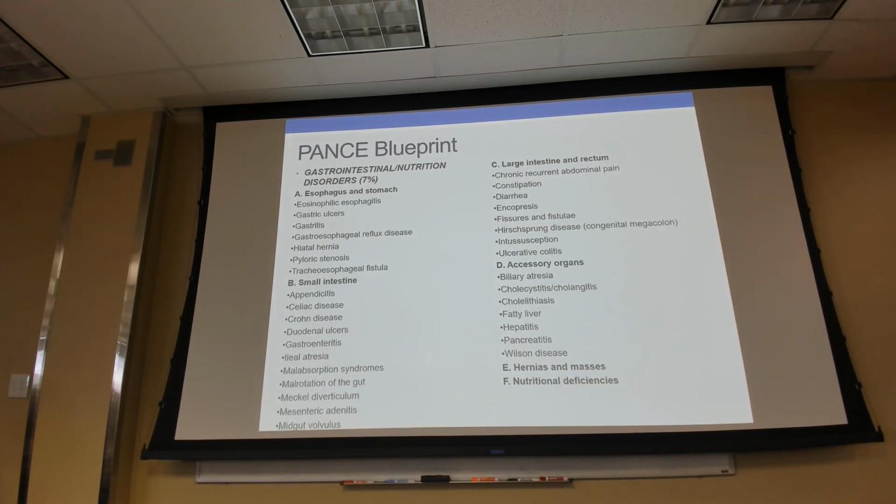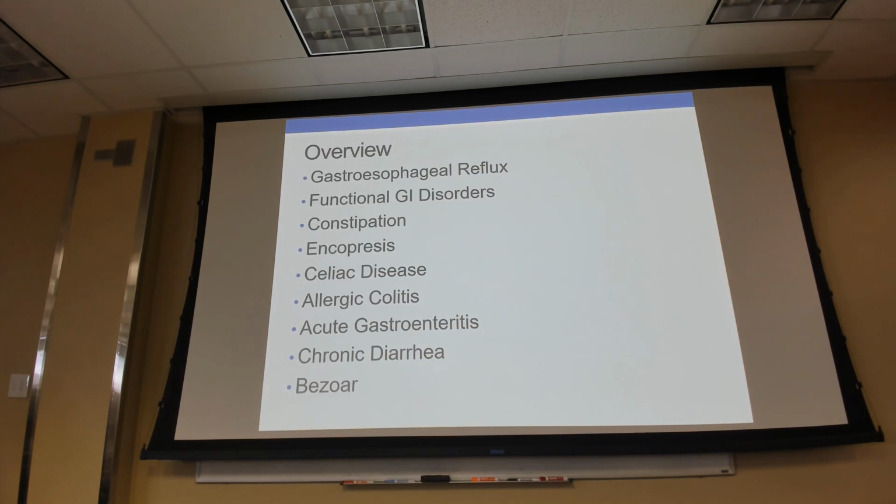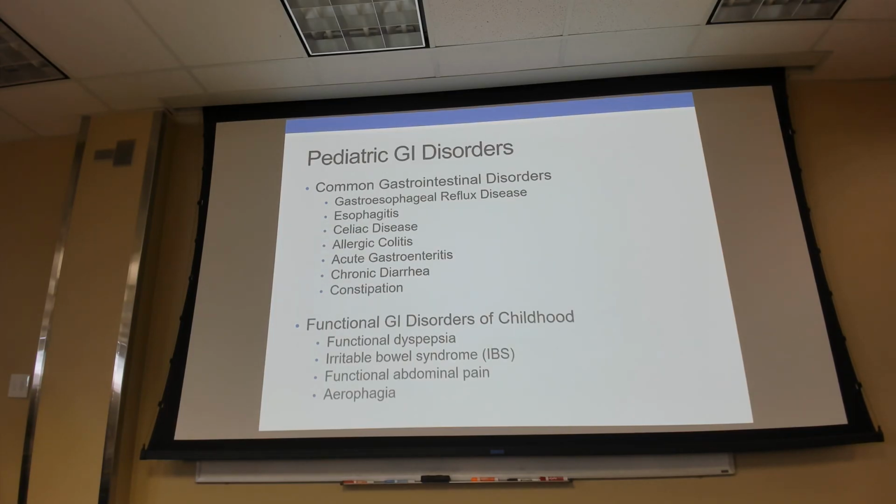GI is a big section of your PANCE, so it is on there for you. When we talk about things that are specifically for peds GI, there are going to be 2 different things. We're going to talk about the common things that have a physiologic manifestation, where their anatomy and/or their physiology is going amiss, and they have pathology that we can see.